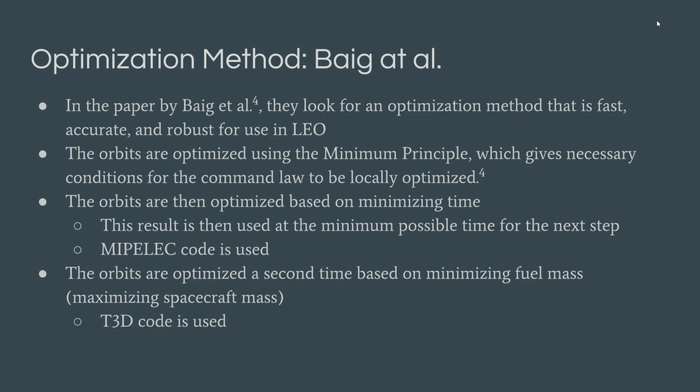The orbits are then optimized based off of minimizing time, which is used via the MIPELEC code, and then the orbits are optimized a second time based off of that minimized time, but now for minimizing mass, and a T3D code is used for this.